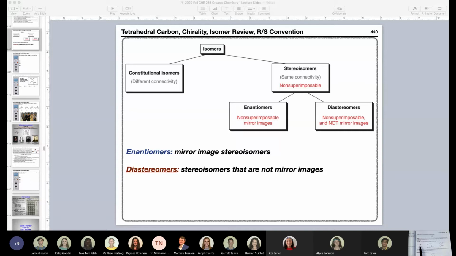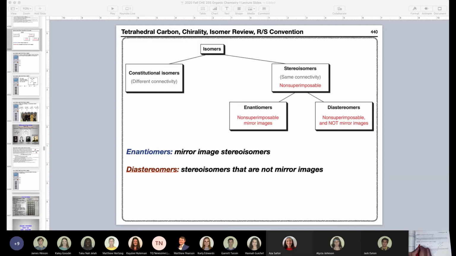Now what I want you to do is, in the chat, tell me the 4 unique groups that are bonded to that chirality center. So Mac is pretty quick on the draw.